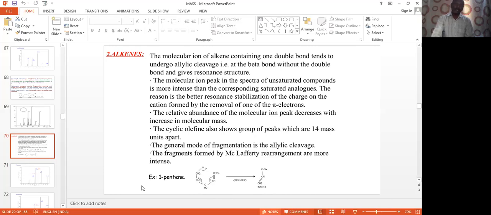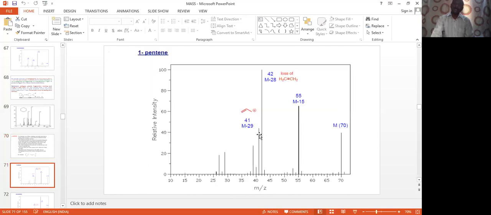Those two peaks you can see prominently. M/Z value 41 is because of the loss of CH3CH2, whereas M/Z value 42 is because of the loss of CH2=CH2. This is allylic cleavage and this is McLafferty rearrangement, where there will be a gamma hydrogen transfer.